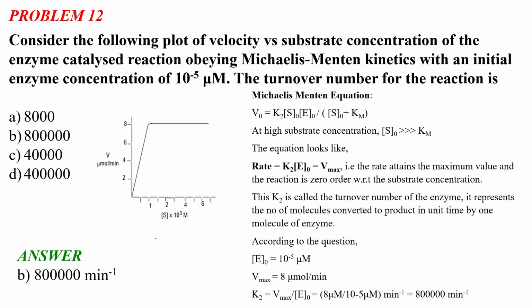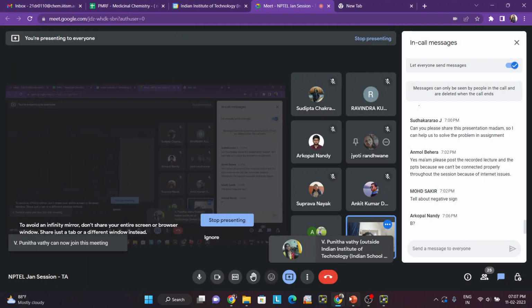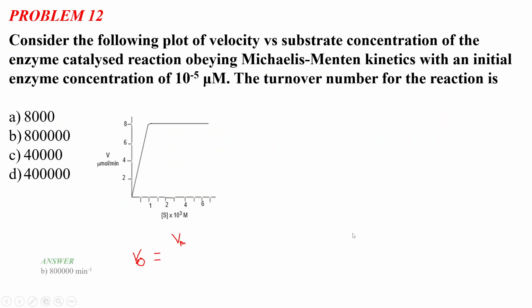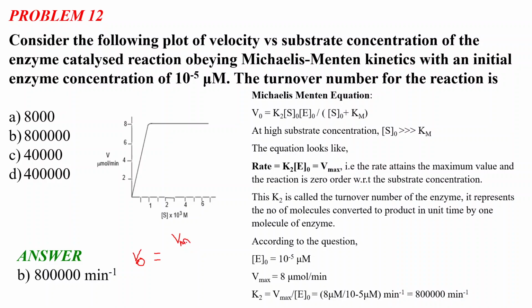We all know the very famous short form, which is V0 equal to Vmax, times S, which is the substrate concentration, divided by Km plus S. Please pardon my bad handwriting, I am not used to writing on the PPT like this. I think you know all this, and the equation is also written here.